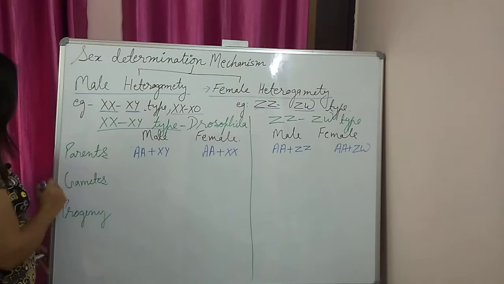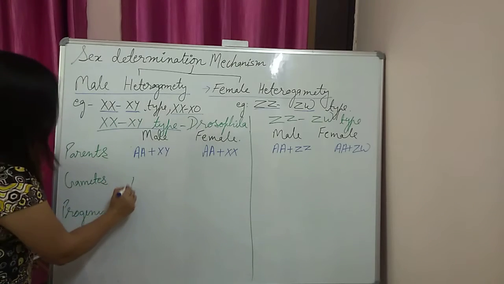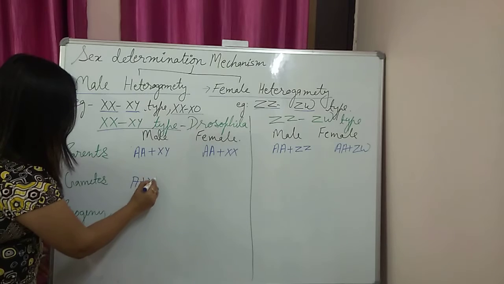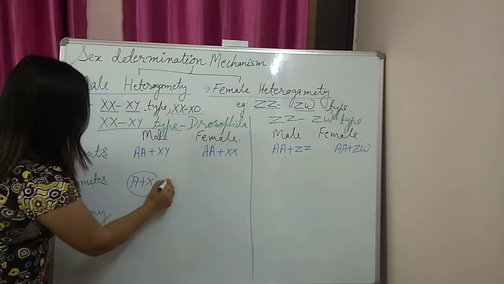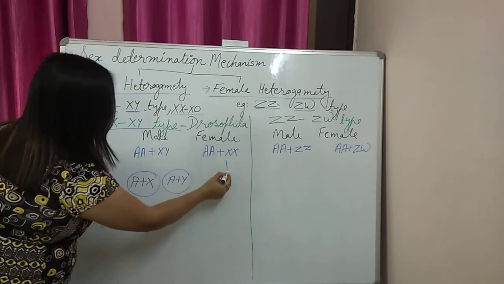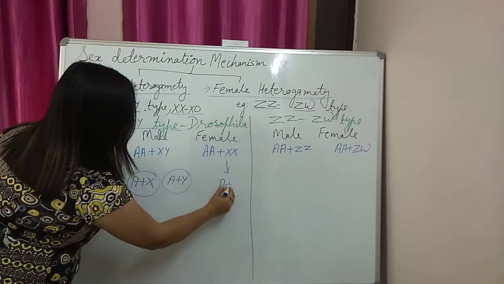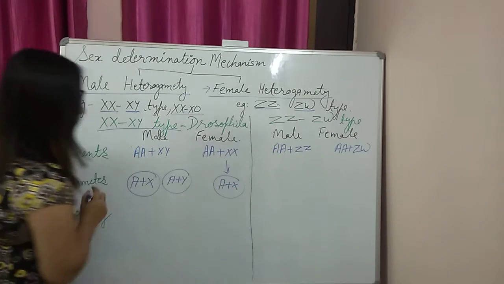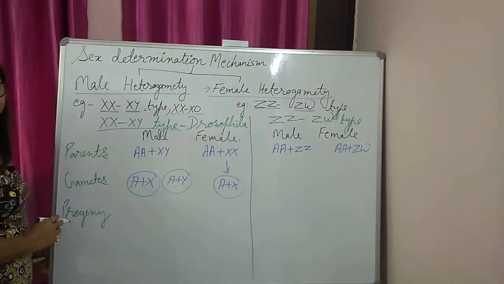This is the genotype of the parents. Now two different types of gametes will form, one having the X chromosome and the second having the Y chromosome, while the female forms only one type of gamete having the X chromosome.